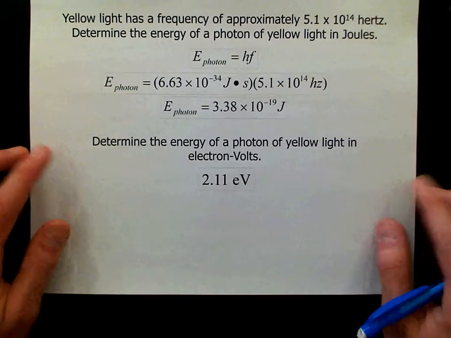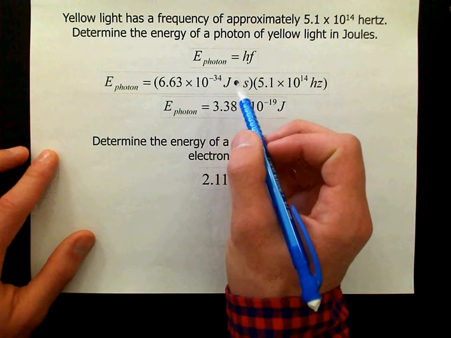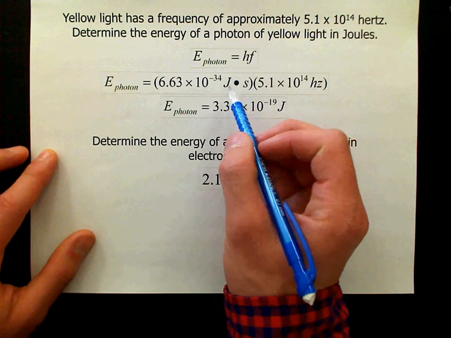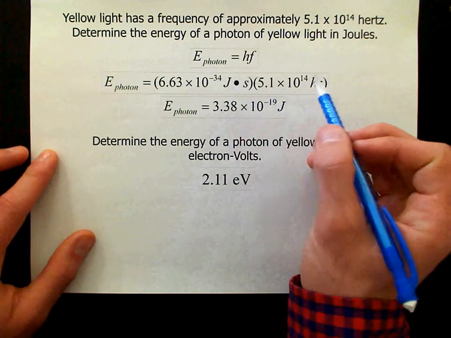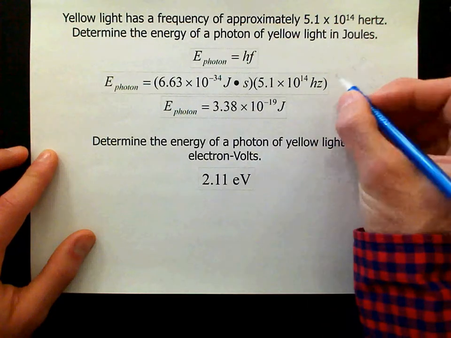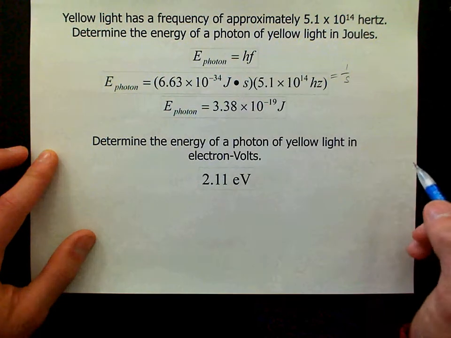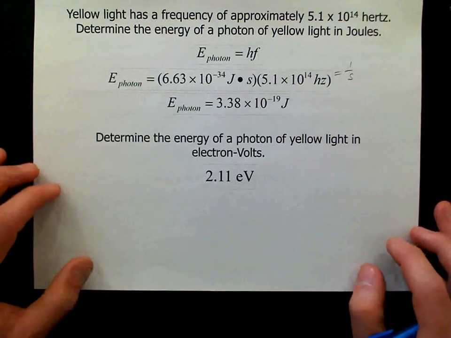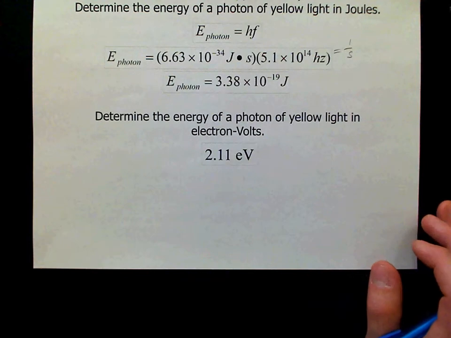We use Planck's constant, 6.63 times 10 to the negative 34th, and we keep our units, a joule times a second. It's important to use this unit because the hertz, which is equal to 1 over seconds, will cancel out with the seconds here. And our final answer, drum roll, 3.38 times 10 to the negative 19 joules.